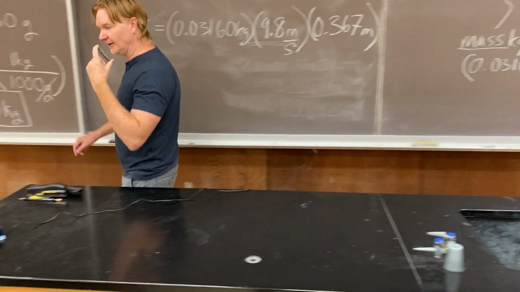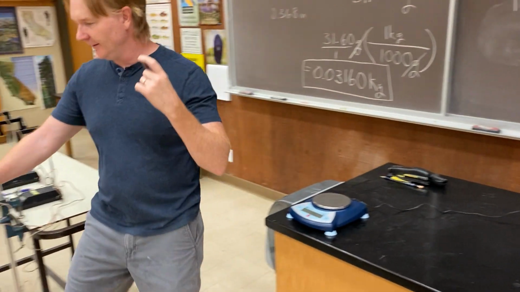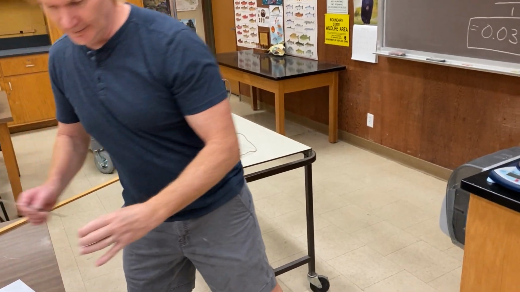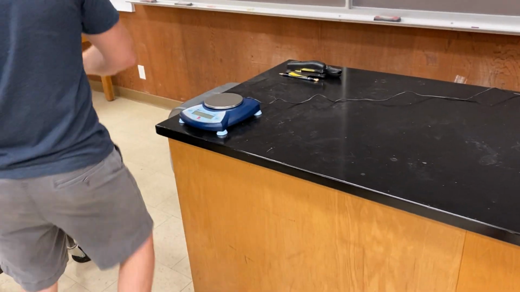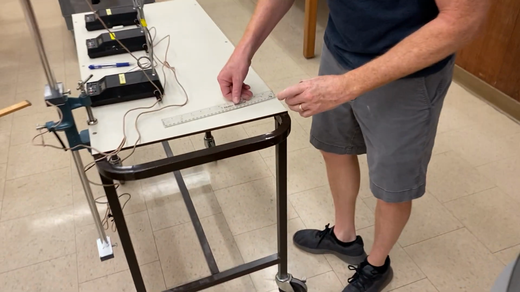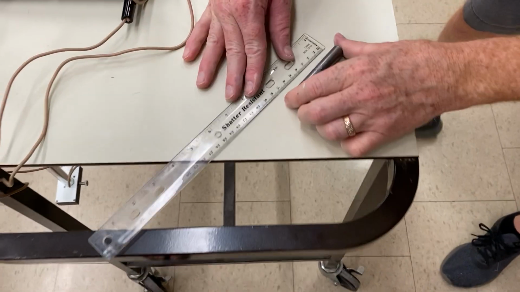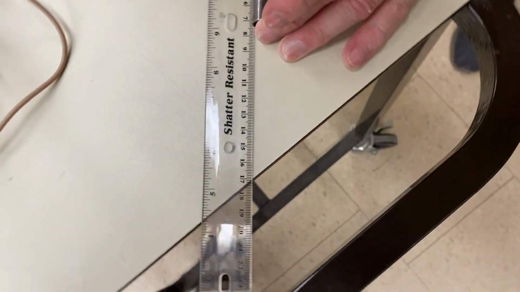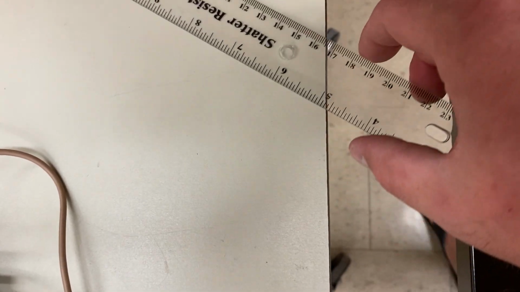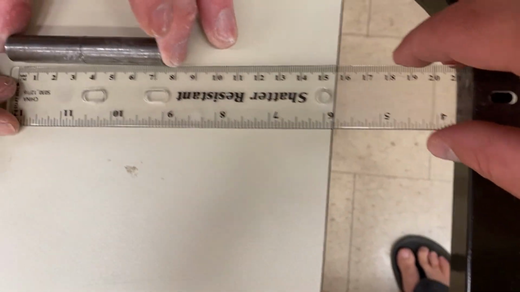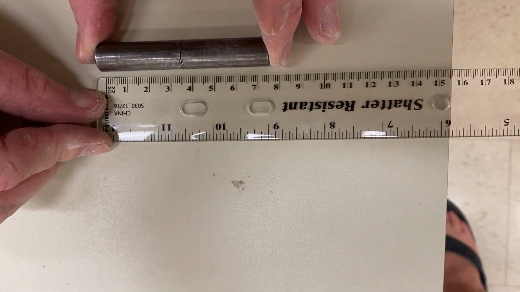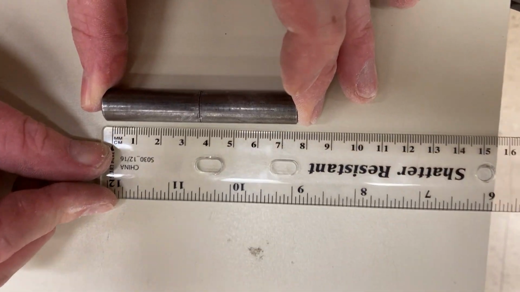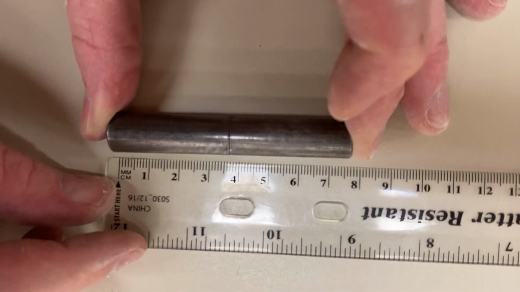So we've got our little ruler over here. And let's do it over here where we can kind of see. So I'm gonna line this up really, really carefully so that the very first mark on the ruler is lined up perfectly with the edge of the pipe, okay?